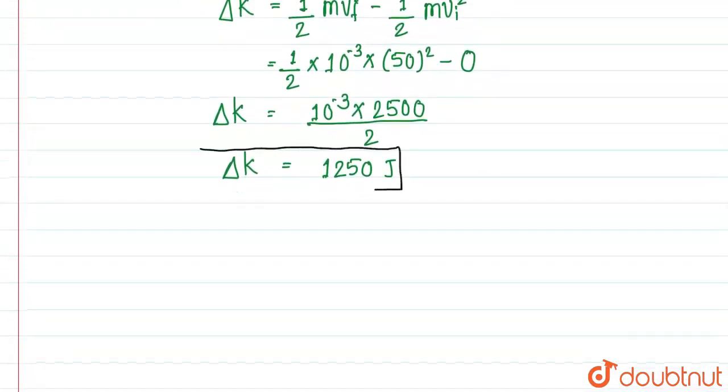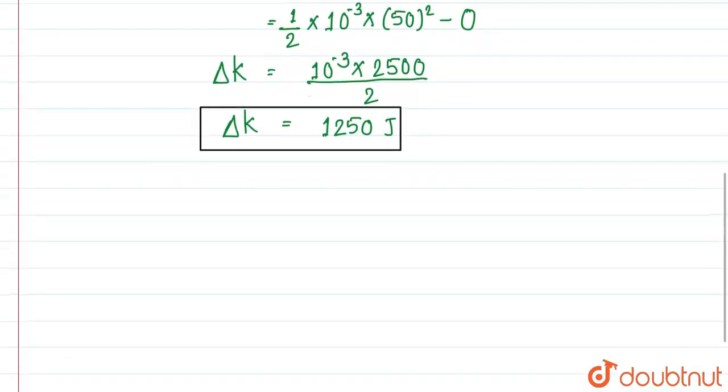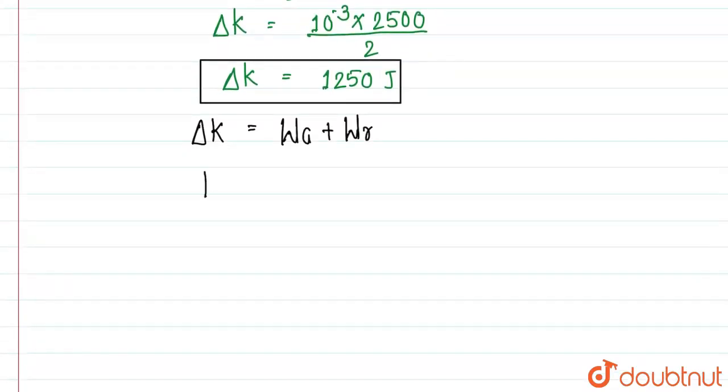Now next we are calculating the work done by the resistive force. Or we can say that the change in kinetic energy can be written as work done by the gravitational force plus work done by the resistive force.